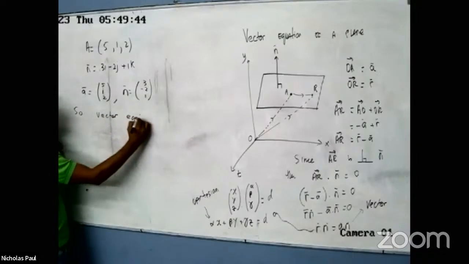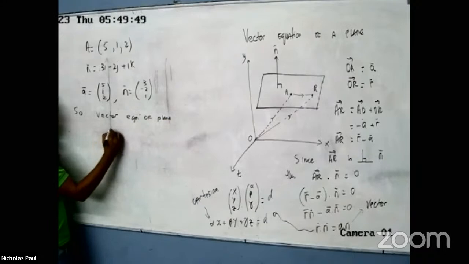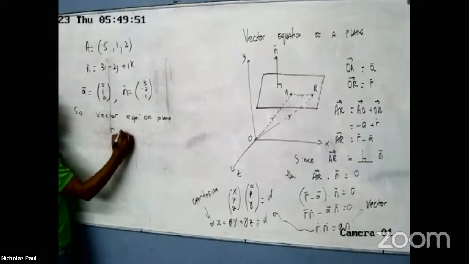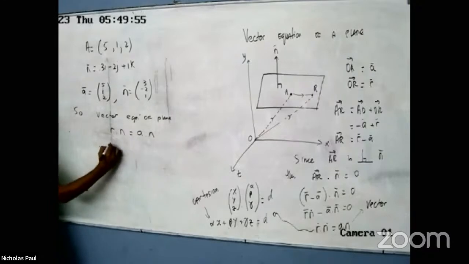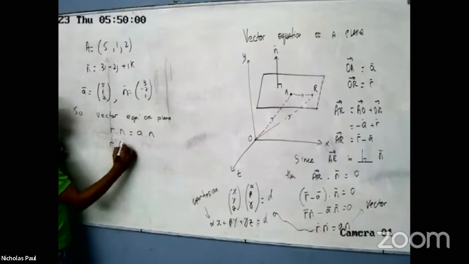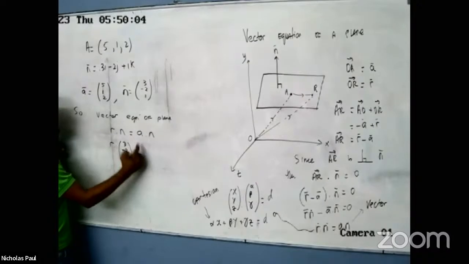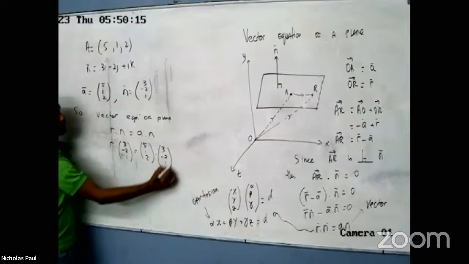To get the vector equation of the plane, all we have to do is use a little formula: r dot n is equal to a dot n. As I said, r is any vector. So it's r dot n, where n is 3, minus 2, 1, is equal to a dot n, where a is 5, 1, 2 and n is 3, minus 2, 1.